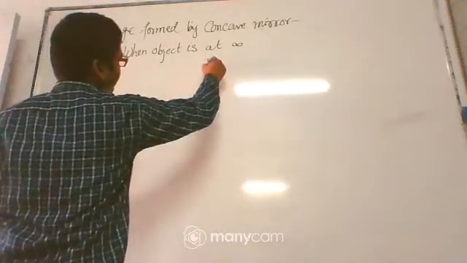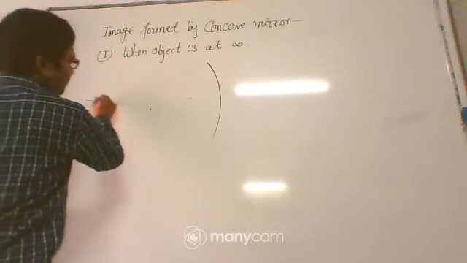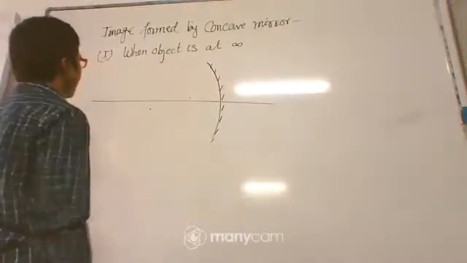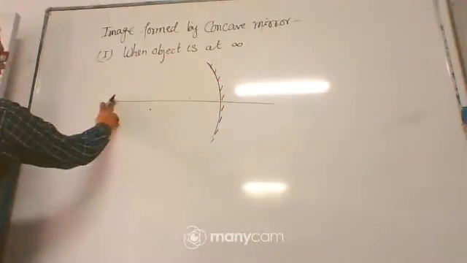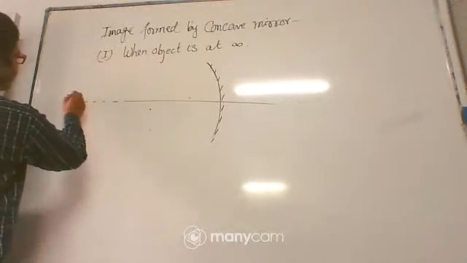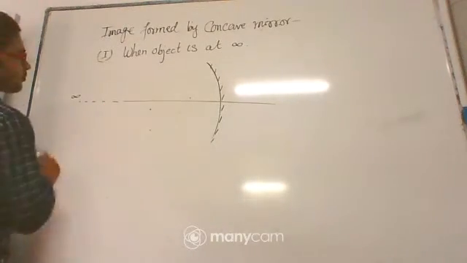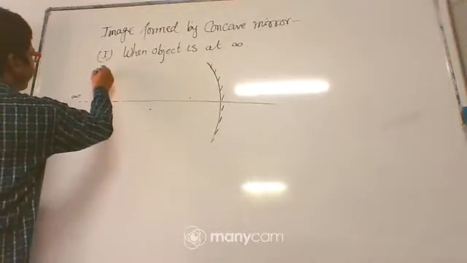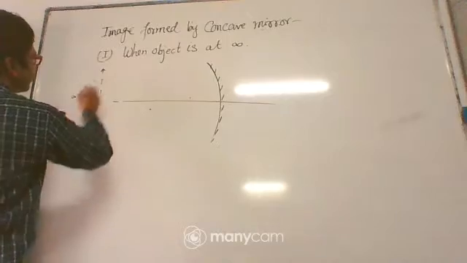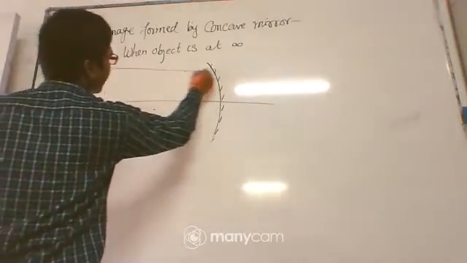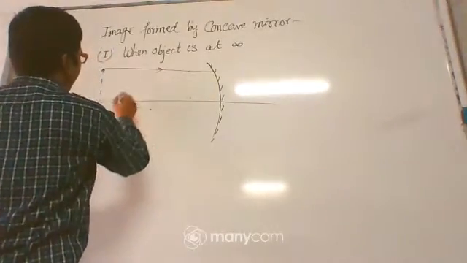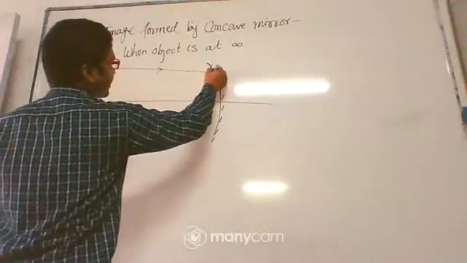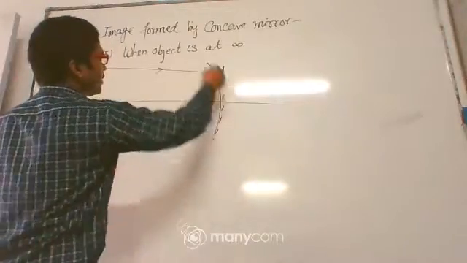So let's see. This one is the concave mirror and the principal axis. Now suppose object is at a large distance, you can see the distance is infinite. This one is the object at very large distance. So this is the parallel line to the principal axis and reflected from point N on the reflecting surface.